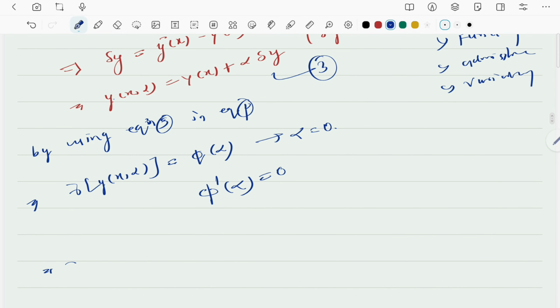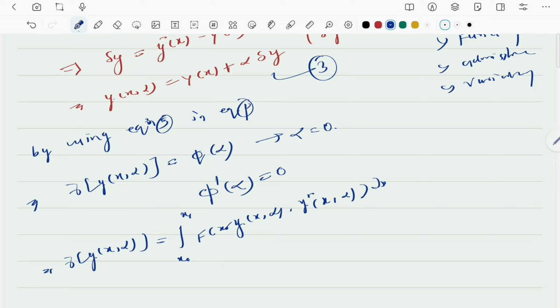Therefore equation 1 becomes, that implies gamma of y of x comma alpha is equal to the integral from x naught to x1 of f of x comma y of x comma alpha, y dash of x comma alpha into dx, which is equal to pi of alpha.